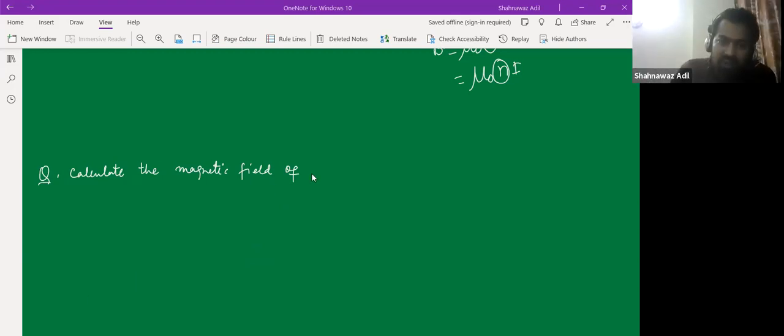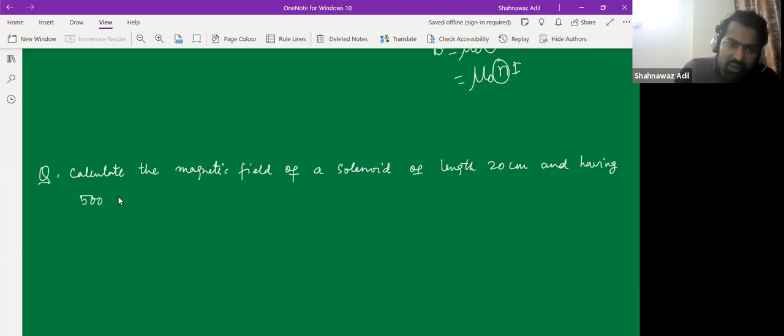Calculate the magnetic field of a solenoid of length, let's say 20 centimeters, and having 500 turns, where the current is 3 amperes.